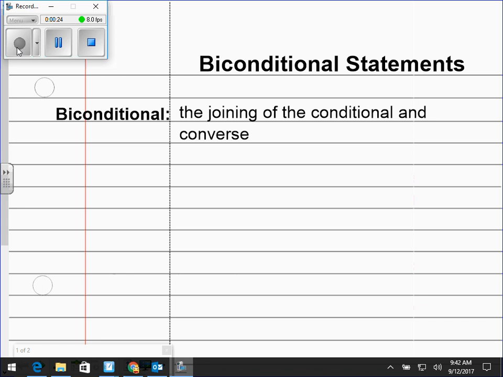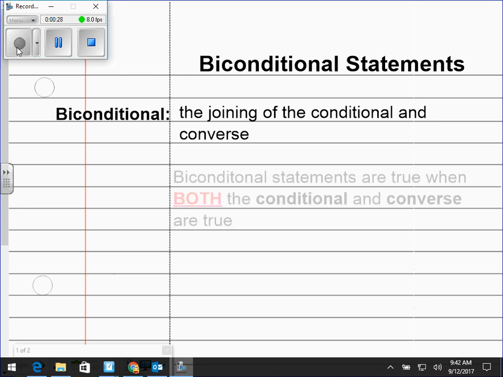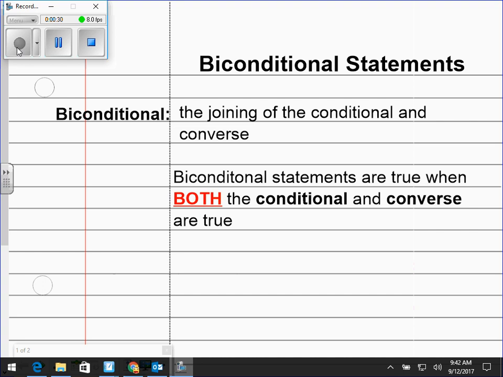Since the biconditional is the joining of the conditional and the converse, biconditional statements are true when both the conditional and converse are true. So if you can determine that the conditional statement was true and the converse was true, then you can also tell that the biconditional is true. If either part of those is false, then the biconditional is also false.